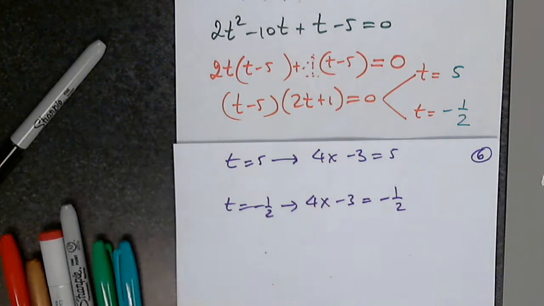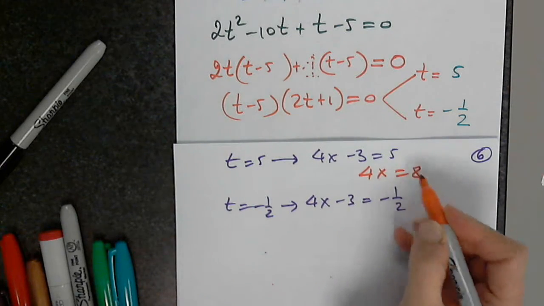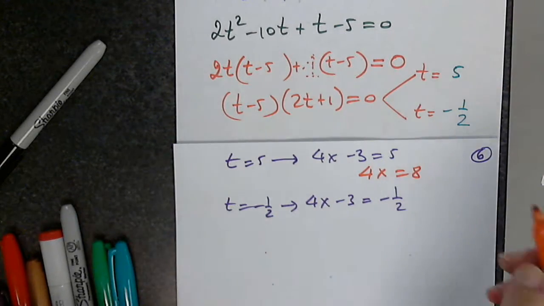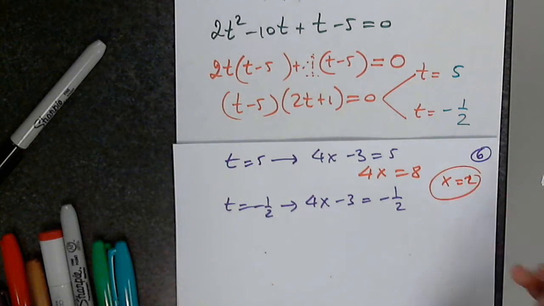Yes. So now these two equations are what type of equations? Linear. And we know we have to separate the terms. So I will move 3 to the other side, and I get 4x equals 8. And then to get x, I divide both sides by 4, and I have x equals 2.